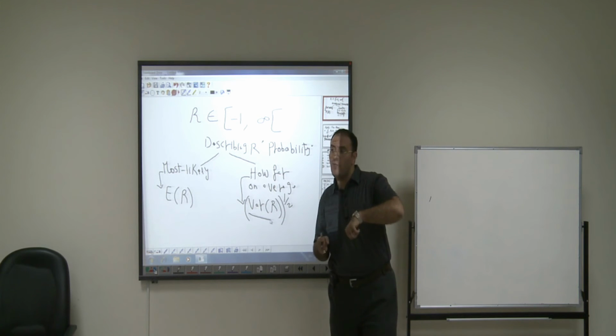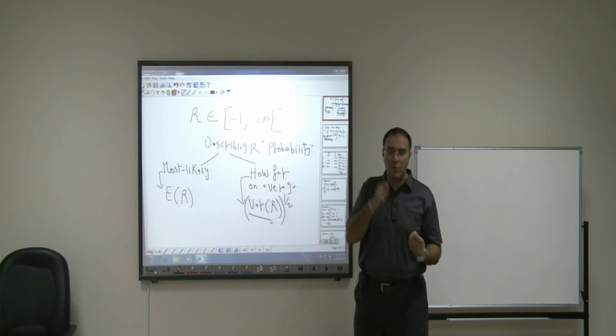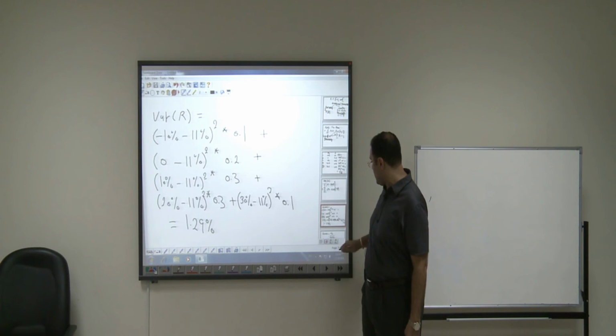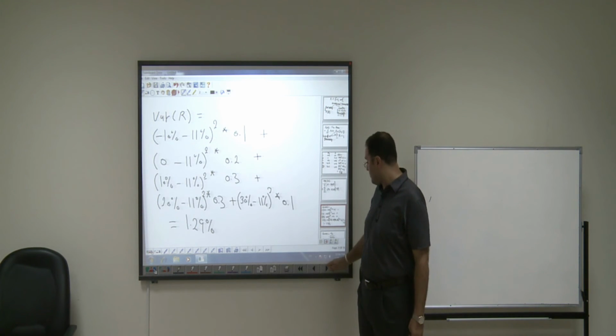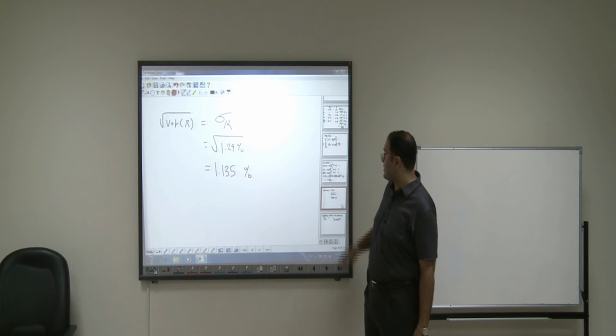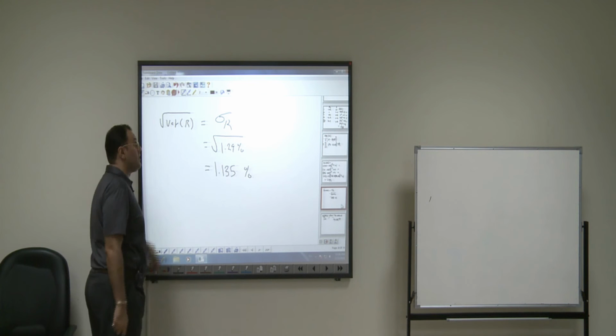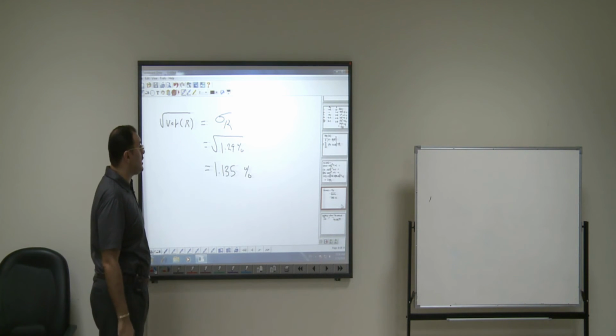So in order to go from how far squared to just how far, I take the square root. In fact, when you take the square root of the variance, you're solving for the standard deviation of r.